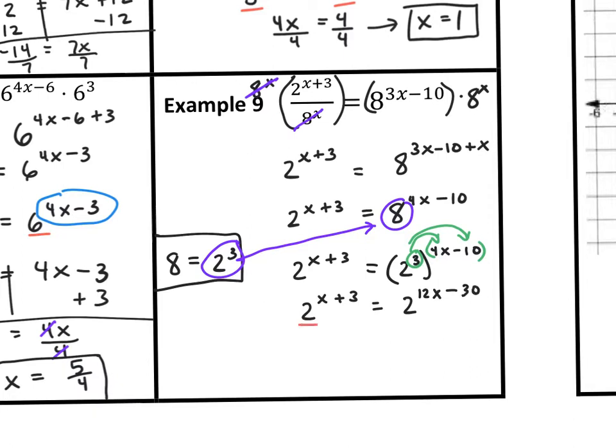And then we should say, oh, I have same bases on both sides. We have like bases. And so that means that the exponents are equal. And so I have x plus 3 equals 12x minus 30.